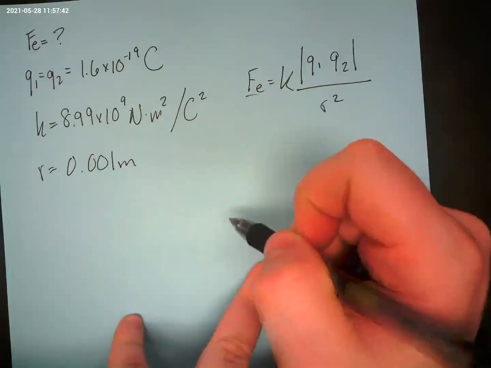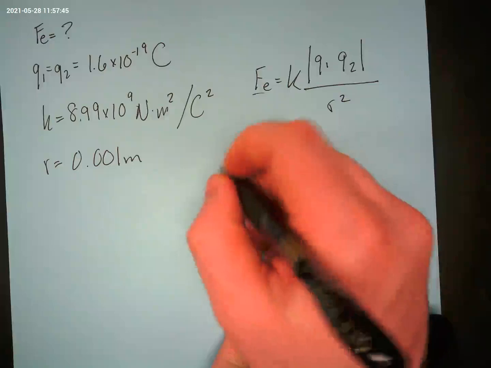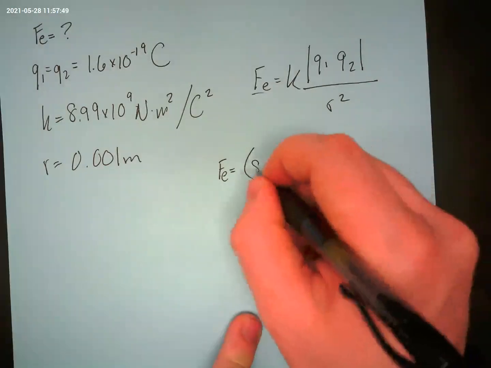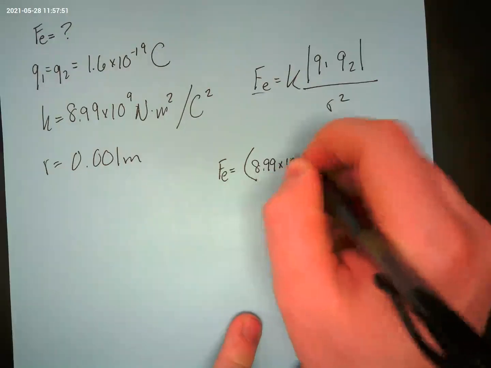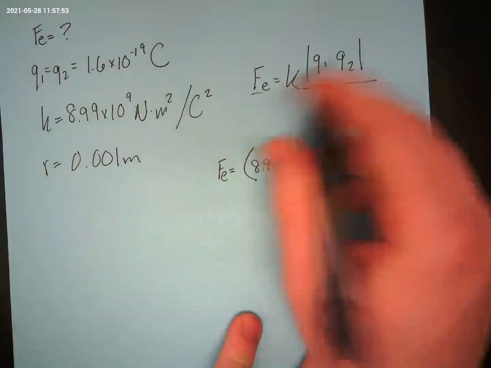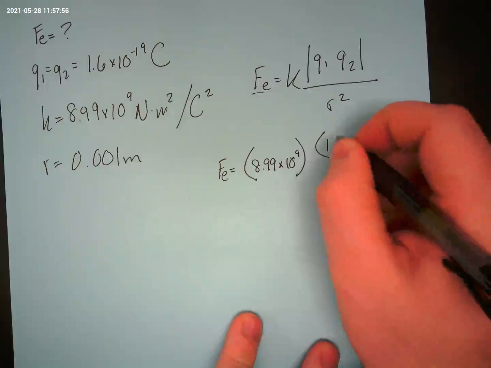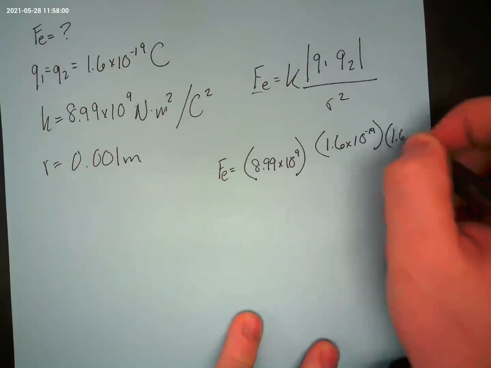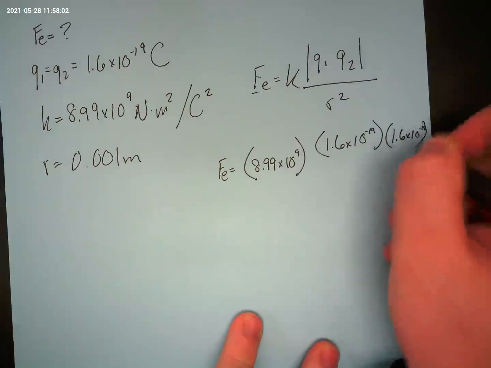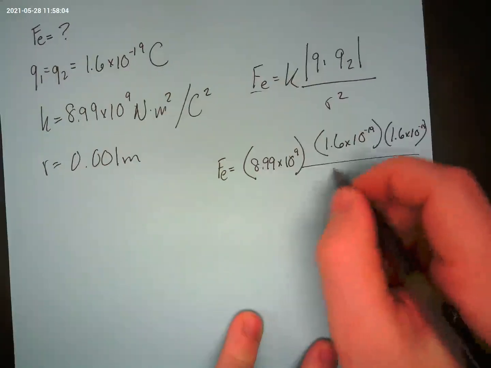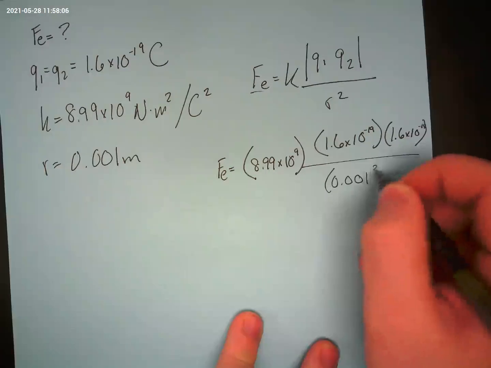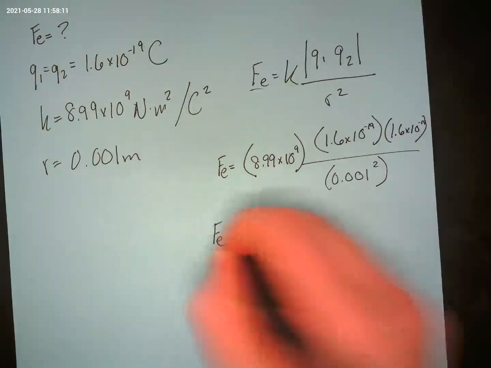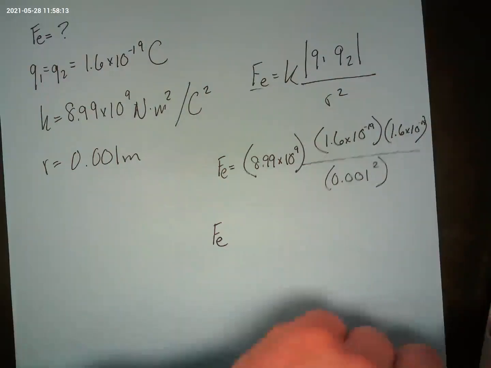We're searching for this guy, and we've got this in the right order, so we can just plug and chug. K is 8.99 times 10 to the 9th power times Q1 Q2, which is 1.6 times 10 to the negative 19th times 1.6 times 10 to the negative 19th, all over 0.001 squared.